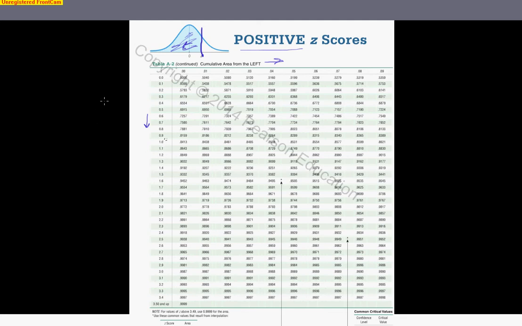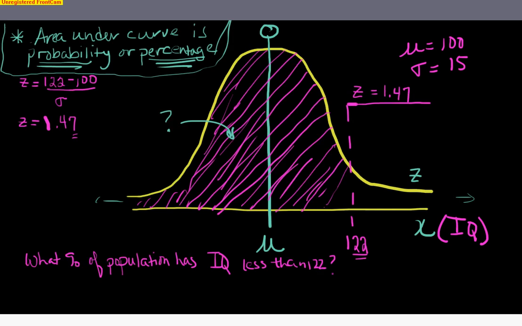So we had a z-score of 1.47. If we scroll down here, 1.4 is right here, and 0.07 is right here. Where do these two meet? They meet right here. 1.47 is 0.9292. All right, so let's go back and put this on.